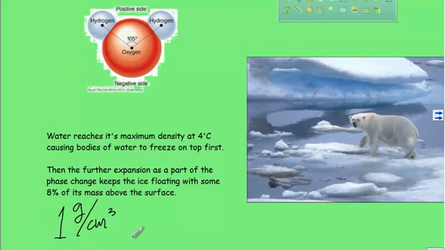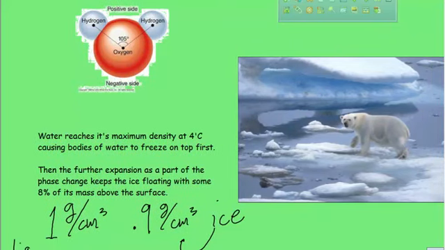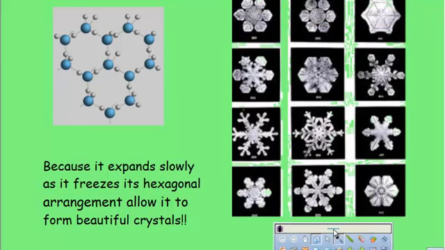And then as a solid, its density is 0.9 grams per centimeter cubed. So there's nothing else on that periodic table that displays that property when it's put together. And then as it freezes, it expands, and it expands slowly. So we get really beautiful crystals that form.